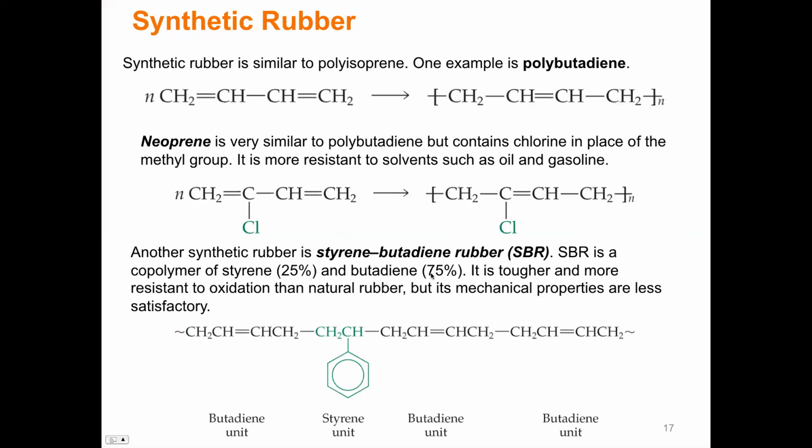This 25-75 mix, they say, is tougher and more resistant to oxidation than natural rubber, but mechanical properties are less satisfactory. You can see they were playing around with this to see what kind of properties they could get out of it.